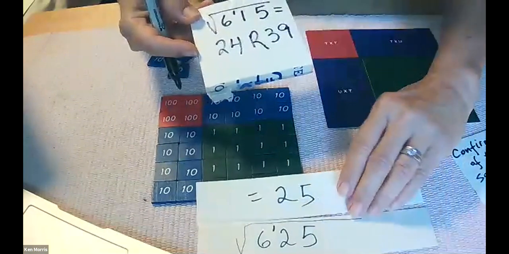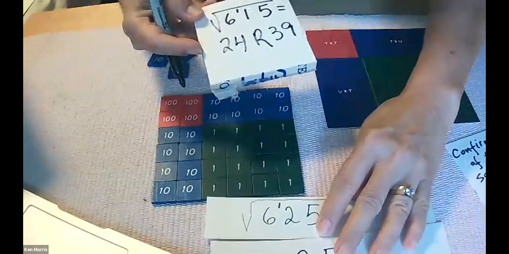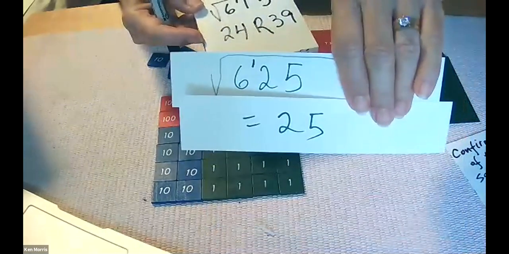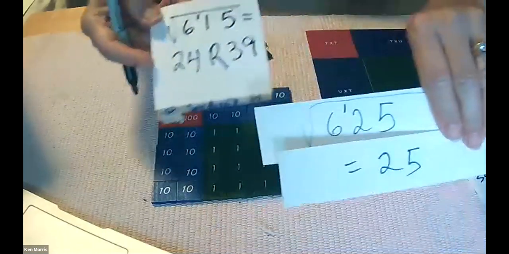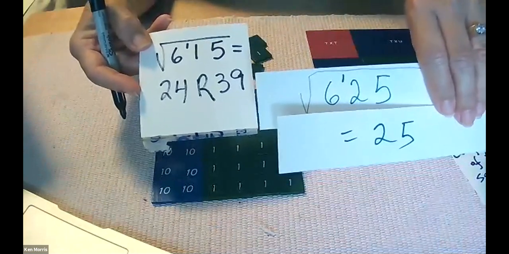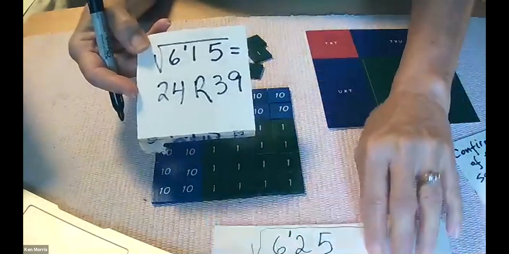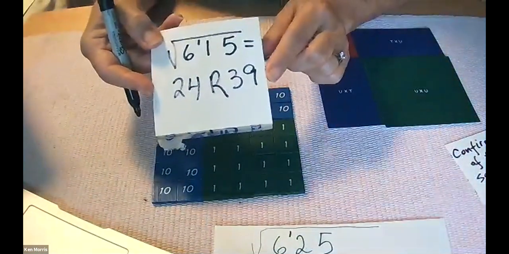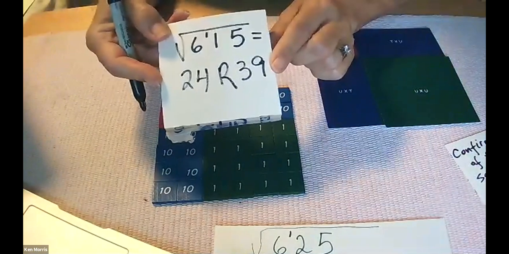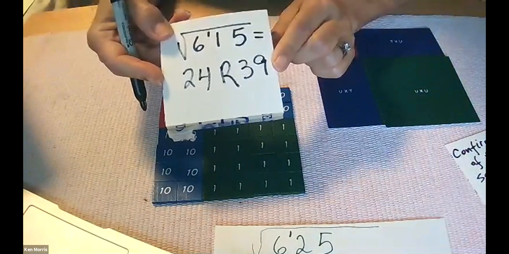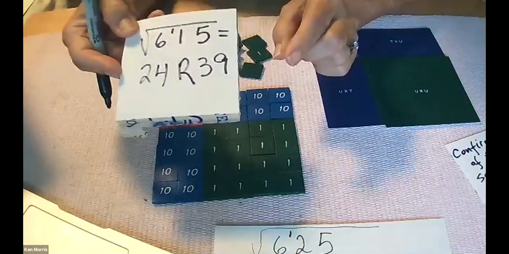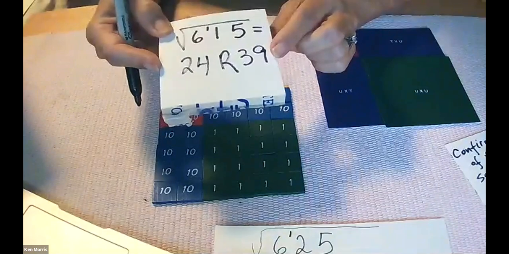If you recall, when we did the square root of 625, the answer was 25. Now we only have 24 with a remainder. Remainder 39. We would have needed, let's see, 5 times 5 is 25.